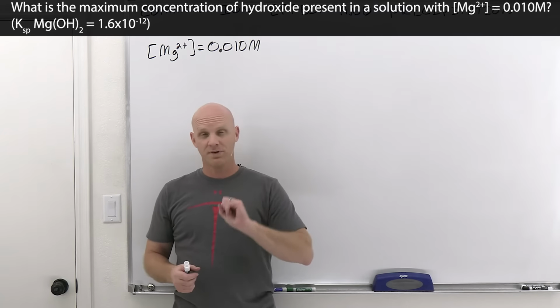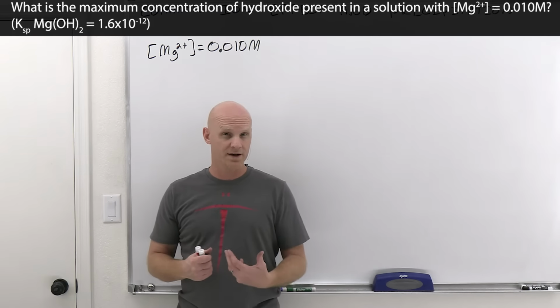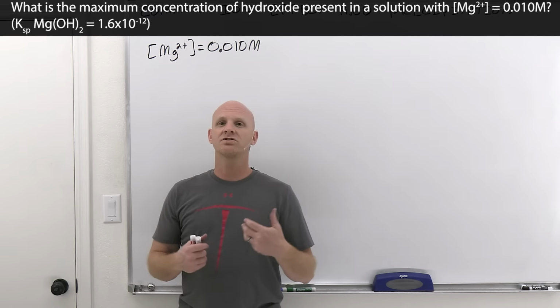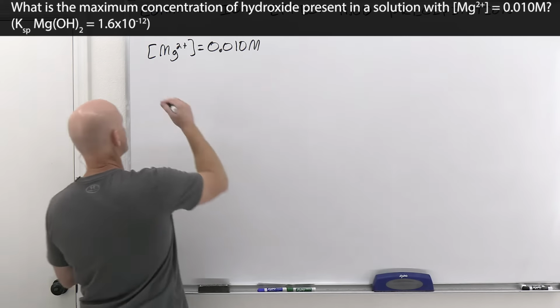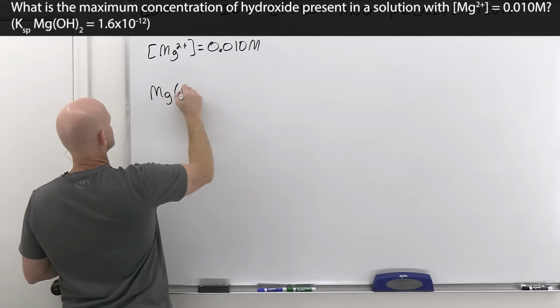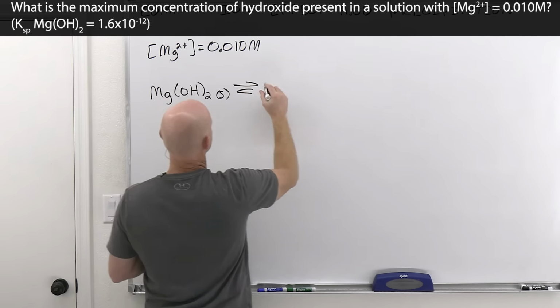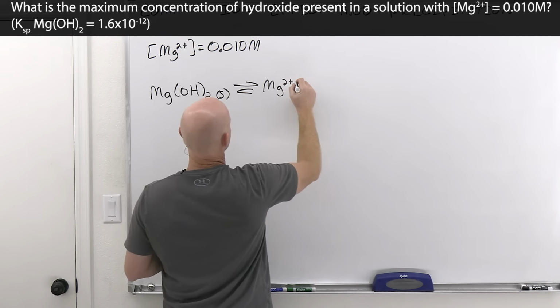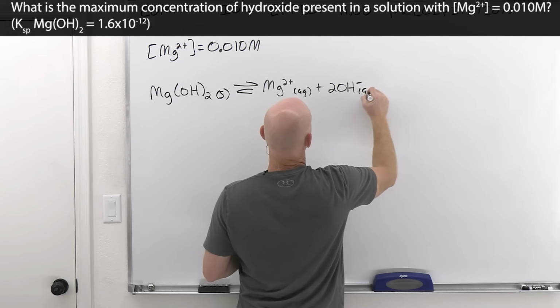Well, again, a good place to start: if you recognize a problem is solubility equilibria related, write out the Qsp reaction and the Qsp expression. And since they gave us the Ksp for magnesium hydroxide, then we're going to write out the reaction for magnesium hydroxide. So magnesium hydroxide solid is going to dissociate to give 1 magnesium ion and 2 hydroxide ions.